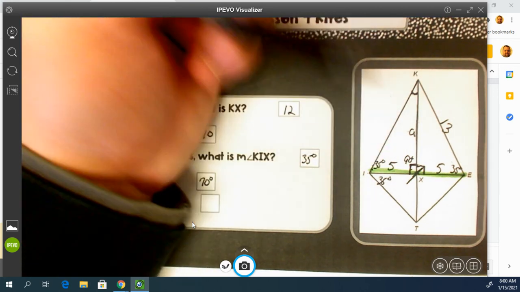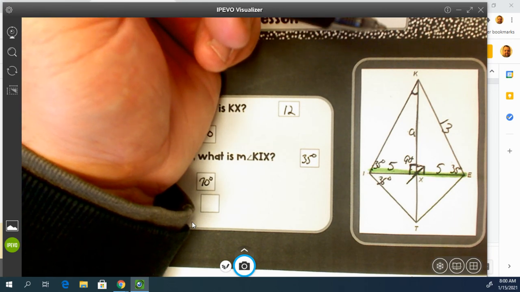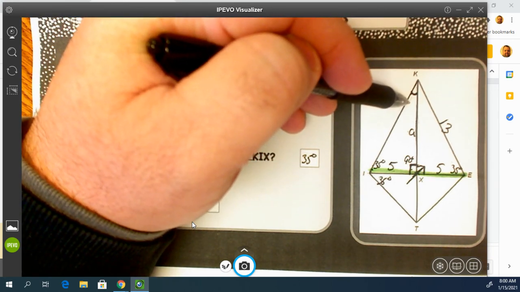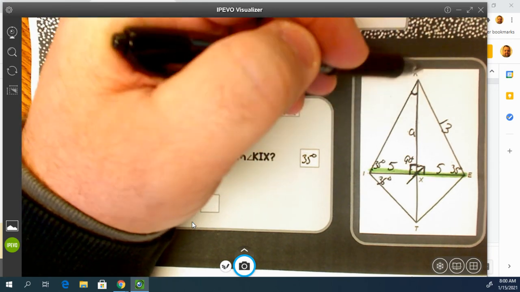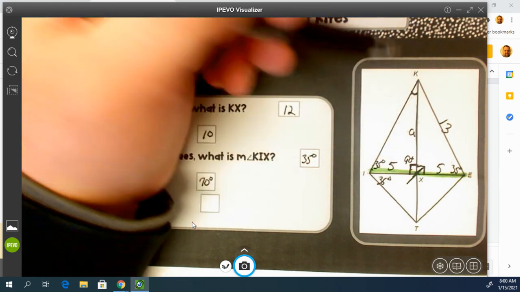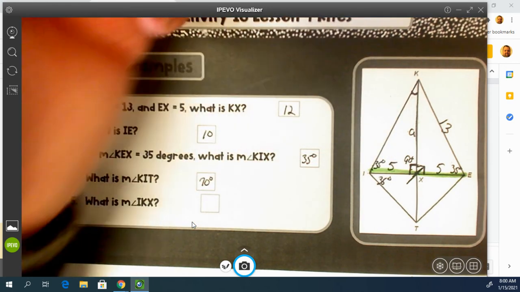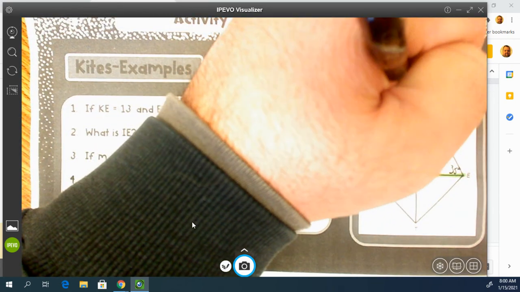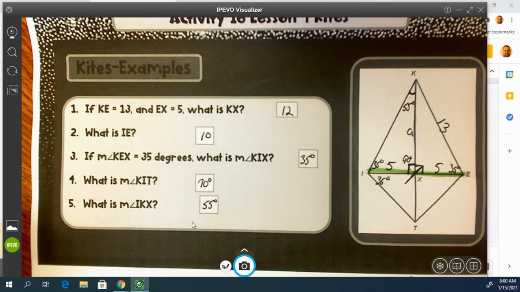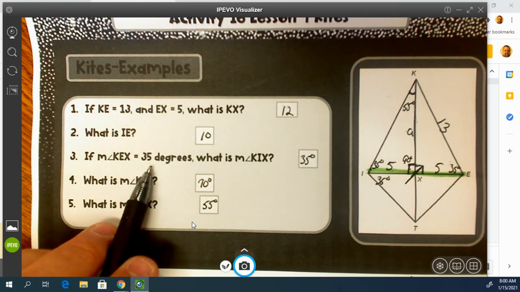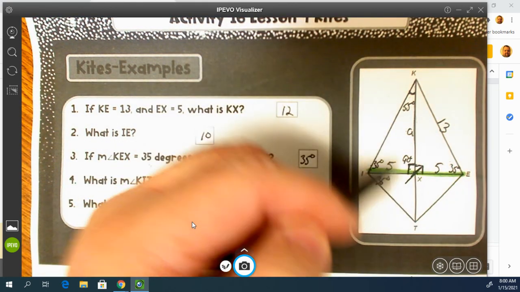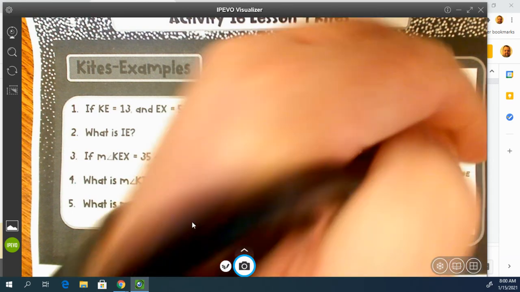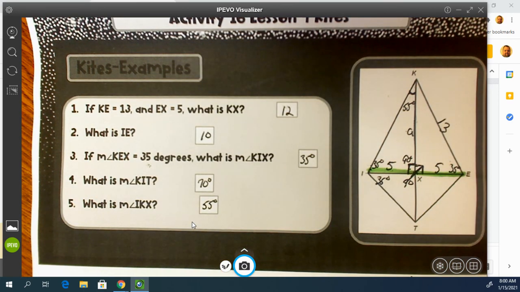So 90 plus 35 is 125. So whatever I have to add to 125 to get 180, that is 55 degrees. So the interesting thing is that I'm only given one angle, and I can find so many other angles.